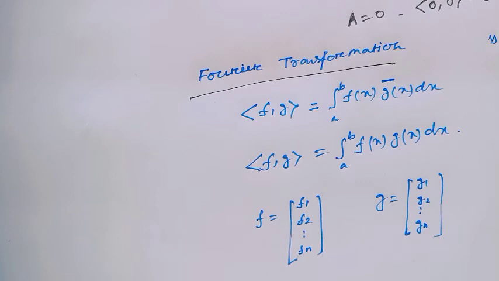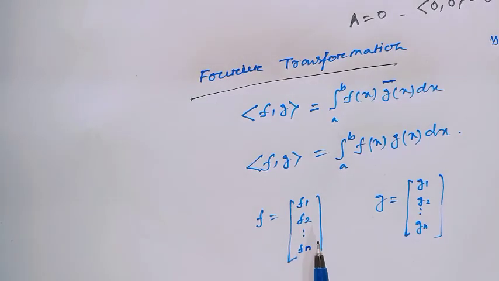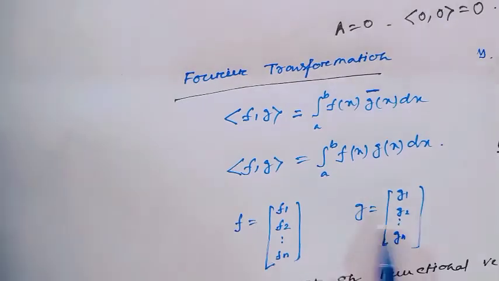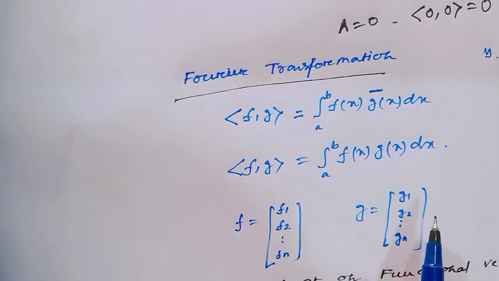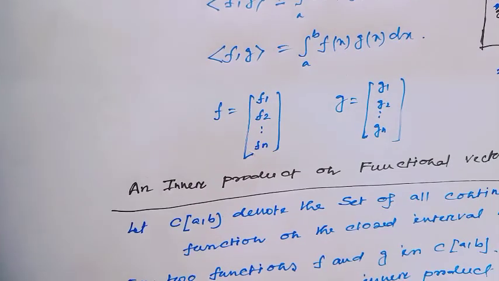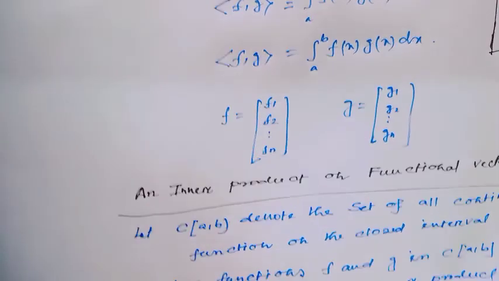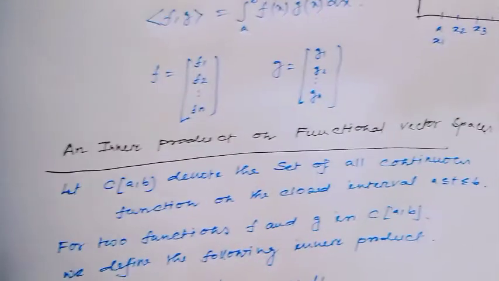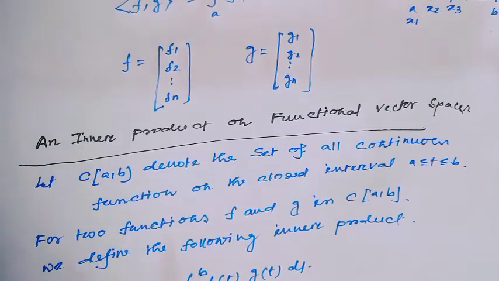That means the vector f equals f1, f2 up to fn and g equals g1, g2 up to gn. This is the idea to construct an inner product of two functions. Actually, this would be an inner product on functional vector spaces.